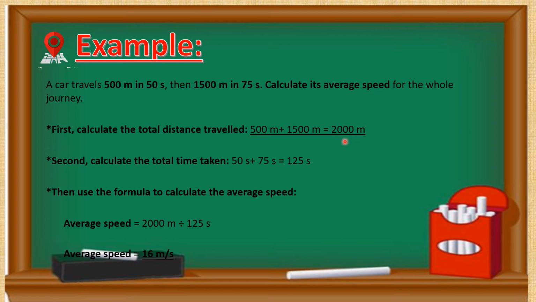That is 2,000 meters divided by, what is the total time taken? 125 seconds. So 2,000 meters divided by 125 seconds equals 16 meters per second.